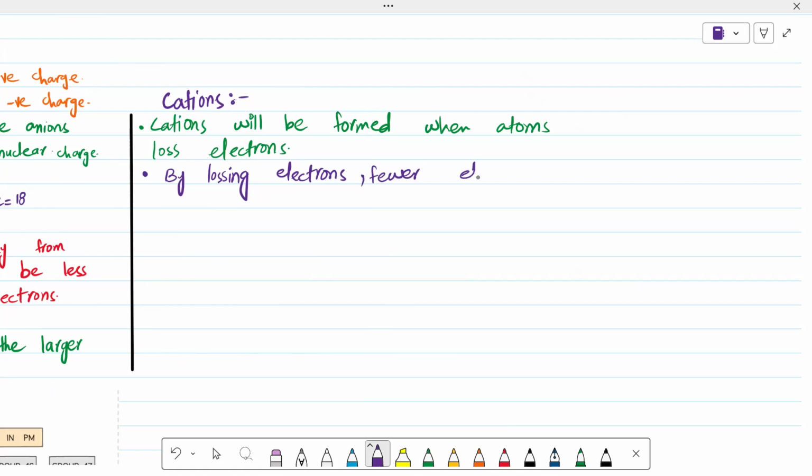fewer electrons are left behind with the same nuclear charge.